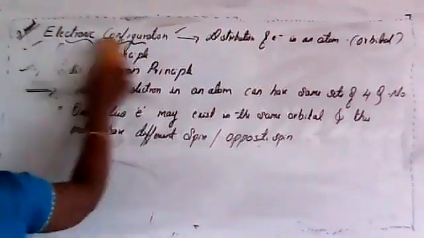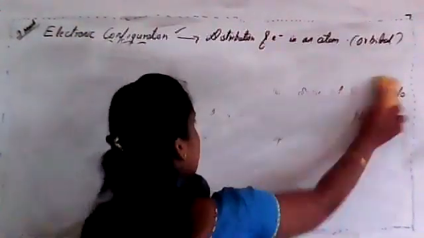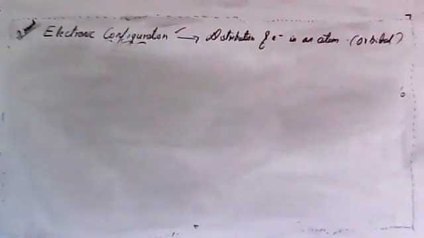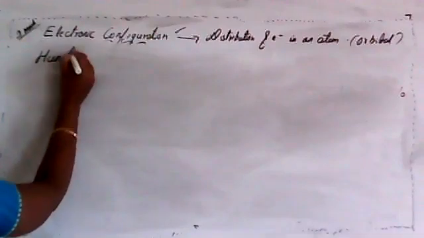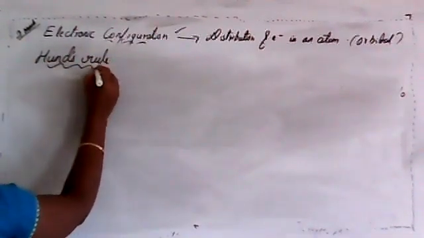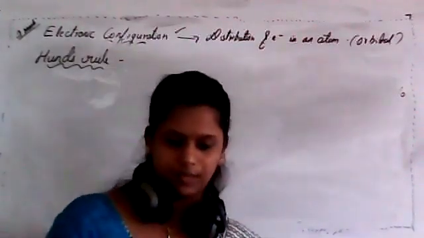Then I'll move to the last rule, that is Hund's rule for maximum multiplicity.